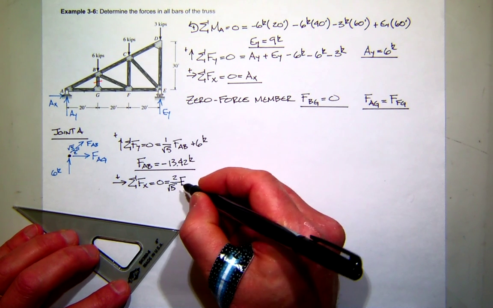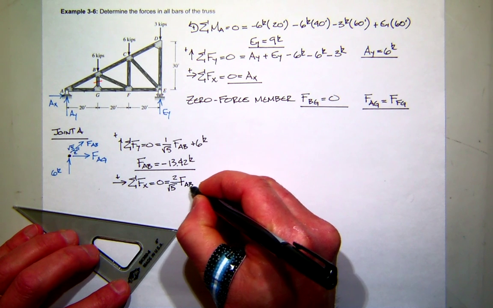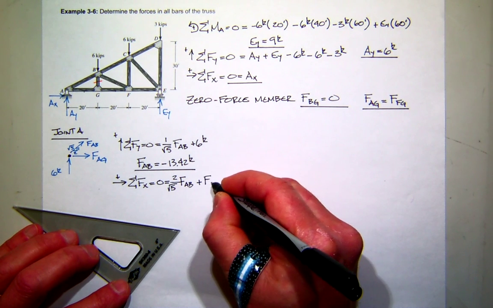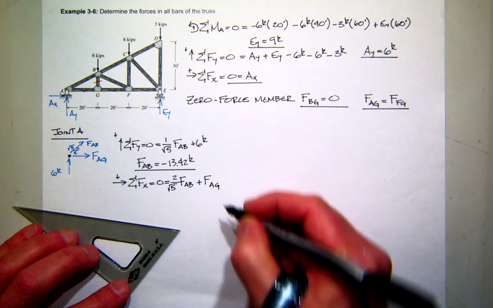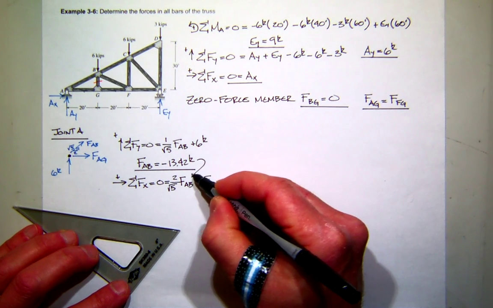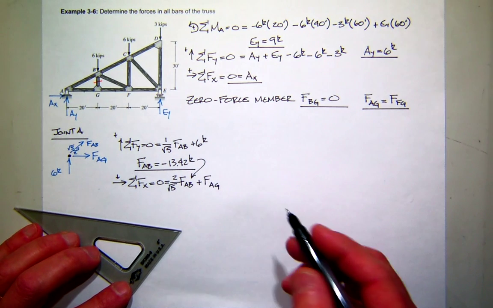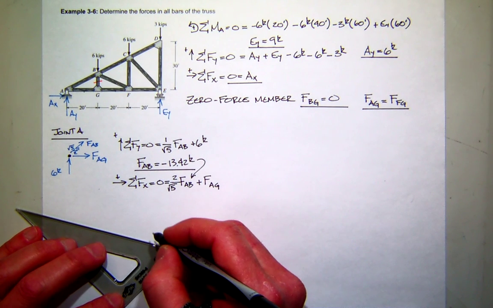And that's force AB, to the right positive, and also positive is the force AG. So I can plug my value in there, which should give me AG is 12.